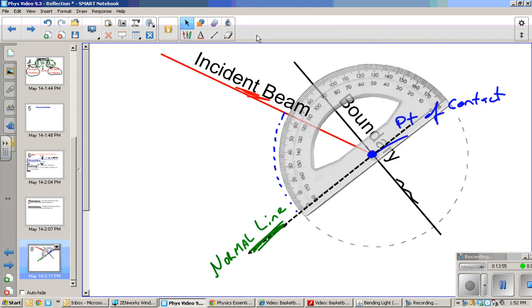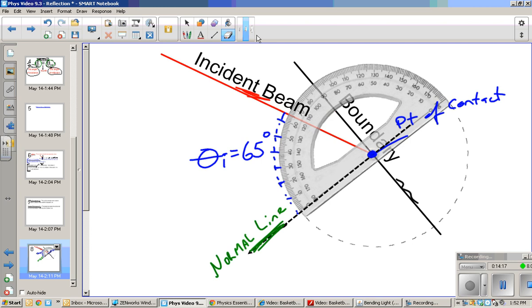To measure the angle, you literally have to count. We're going to start here, and go 10, 20, 30, 40, 50, 60, and it looks like it's pretty close to 65 degrees. It is a little tough to tell with this, but what I know now is my angle of incidence equals 65 degrees.